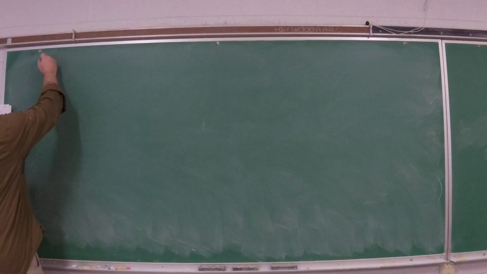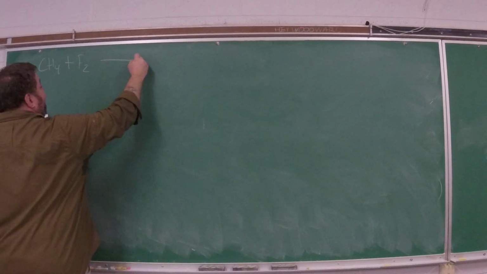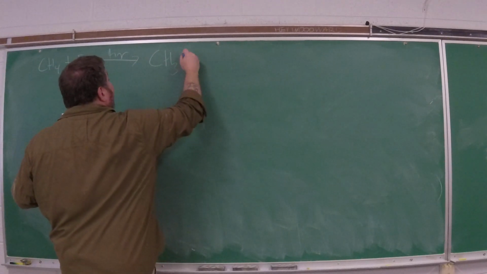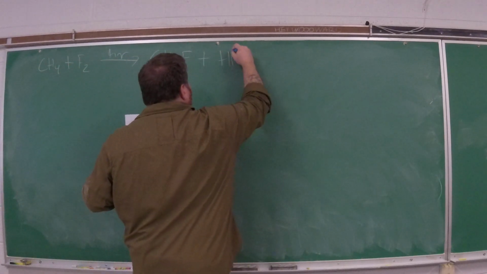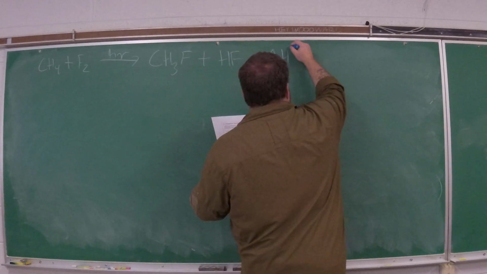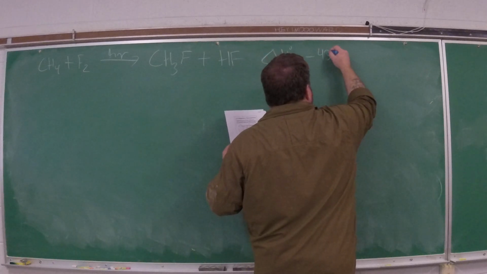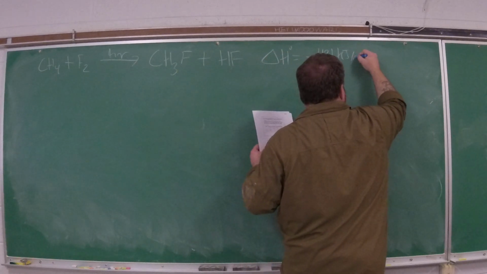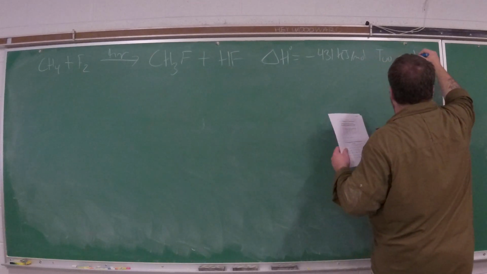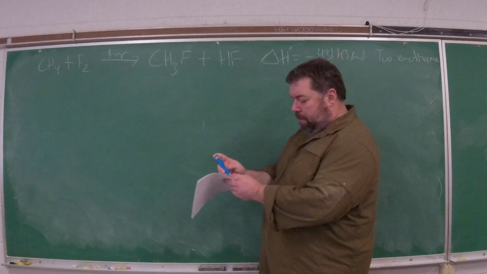I'm going to write each one of these out. We're going to have delta H for this. And as I told you, this is very exothermic. Negative 431 kilojoules per mole. Again, too exothermic, for fluorine. Fluorine is too reactive.